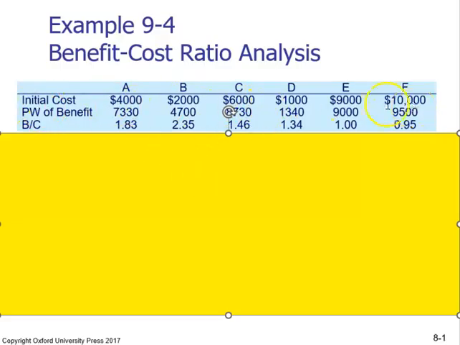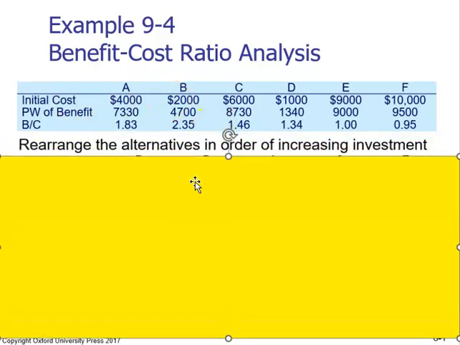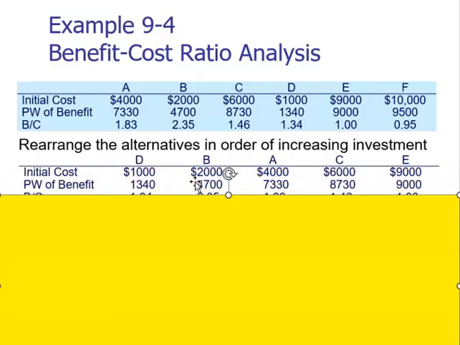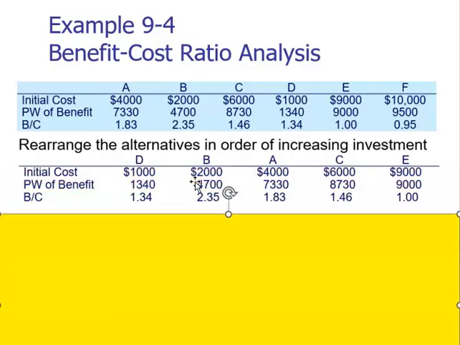So when you see here, the least expensive project is D with the initial cost of $1,000. The next is B, $2,000, and like that. So here we rearrange everything as you see.